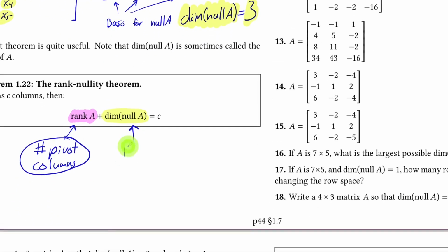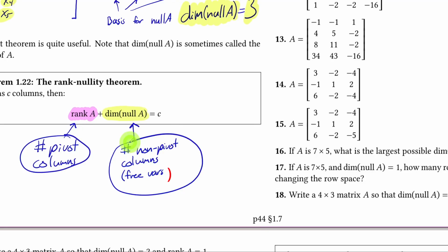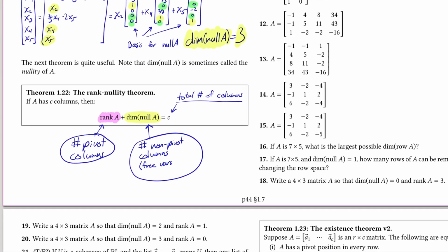And so that is the number of non-pivot columns, aka free variables. And those add up to the total number of columns. So that is basically a proof of that.